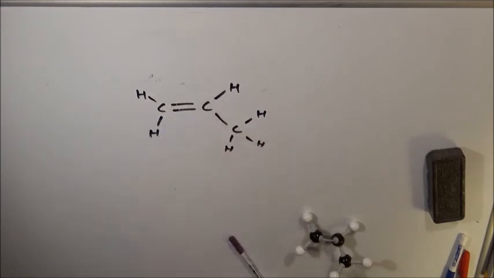Similarly here, 120 degrees, but this carbon's got four electron pairs around it, so you would say it is tetrahedral and the bond angle is 109.5.